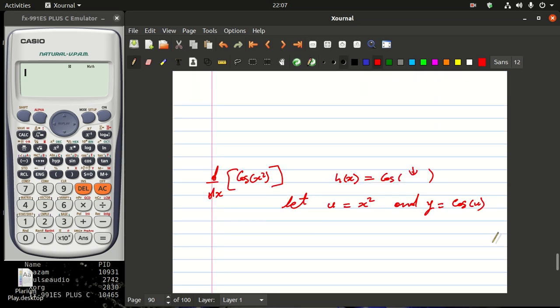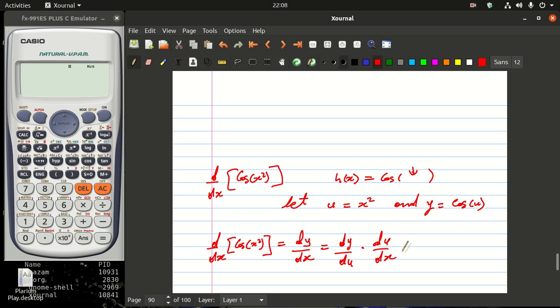And now that I have this, our d/dx of cosine of x squared is going to be the same as dy/dx, and my y is in terms of u. That is why now I have to take the derivative of y with respect to u, and then take the derivative of u with respect to x.